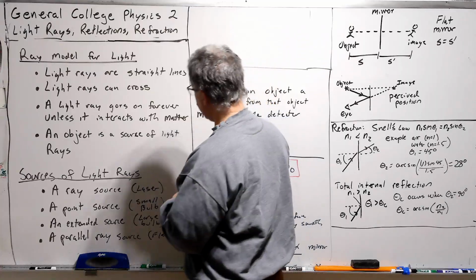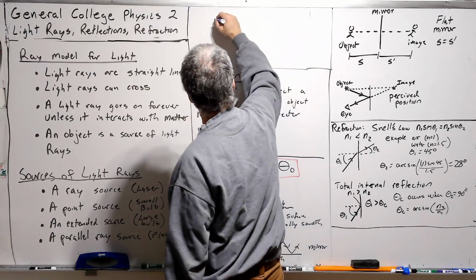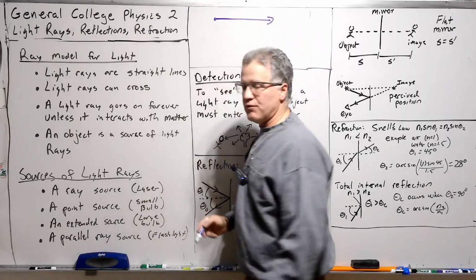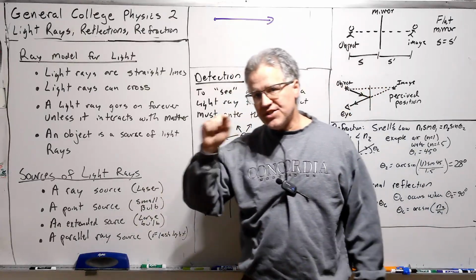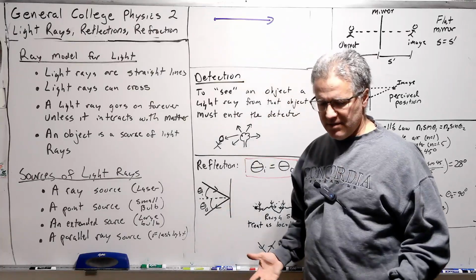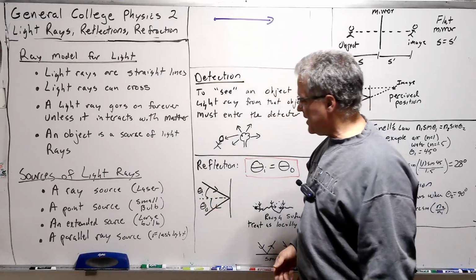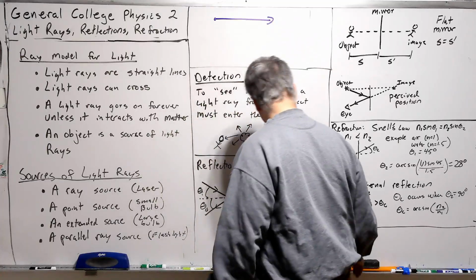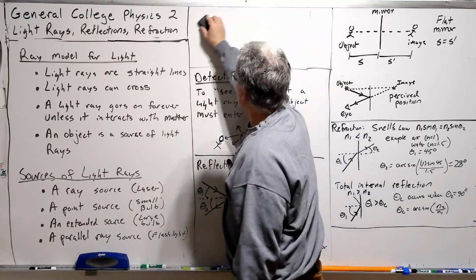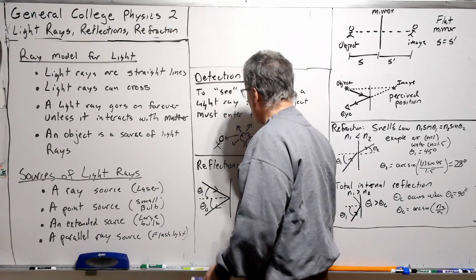Let's look at some specific sources. So a ray source is a laser. That's pretty simple to think about. If we want to model just a single line, then we have something we're familiar with, laser beams. That would be a good model for that. Another important thing is a point source.